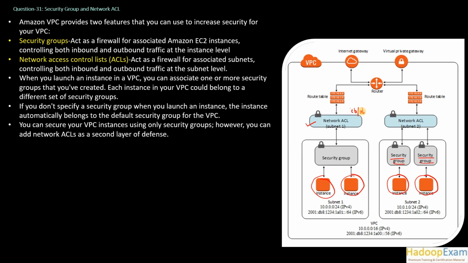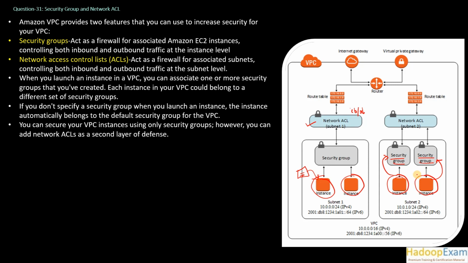When you launch a new instance in the VPC, you can associate one or more security groups. You can associate another security group if you create it, and you can associate it with this instance as well. Each instance in your VPC could belong to a different set of security groups. So let's say this is an example: this instance in the same subnet belongs to these security groups, and this instance belongs to different security groups. That is a possibility.